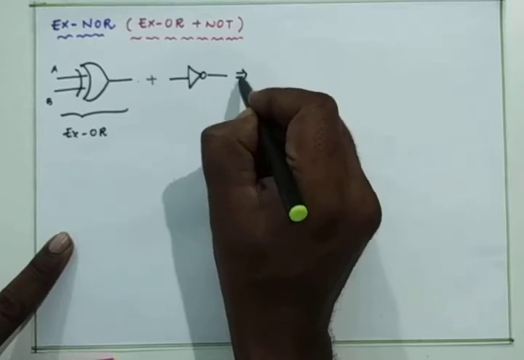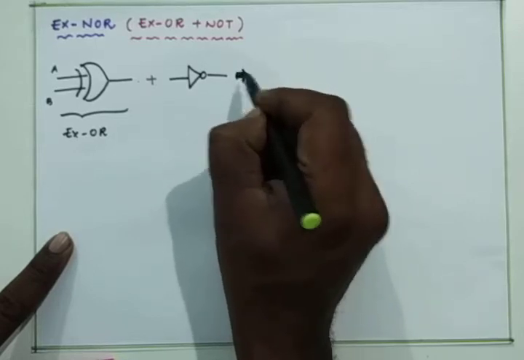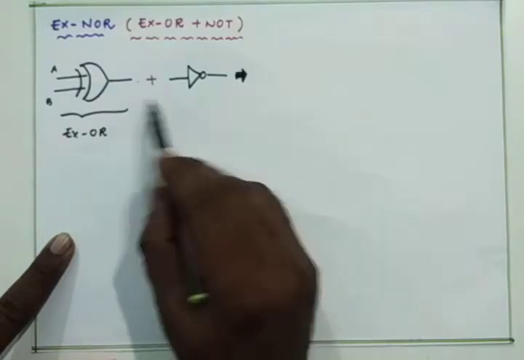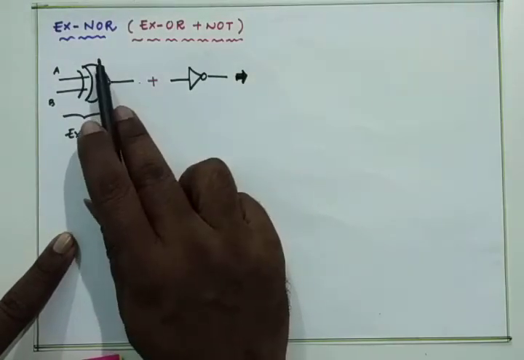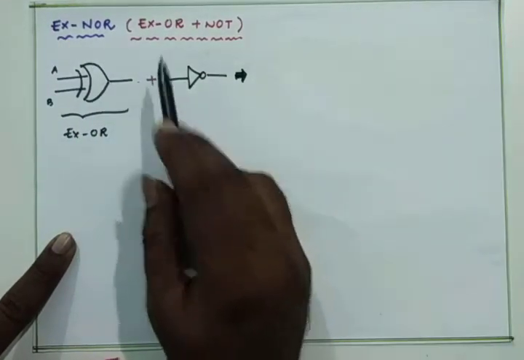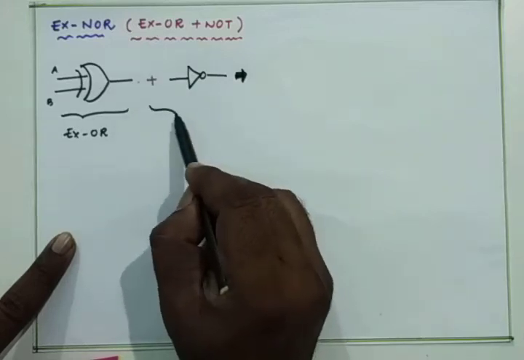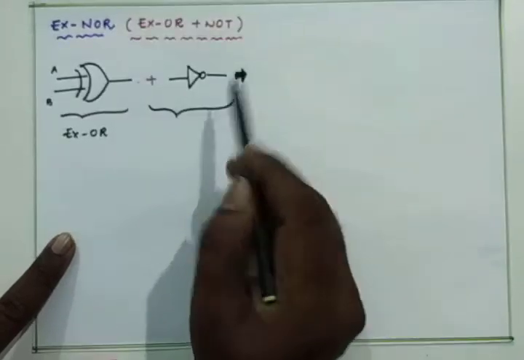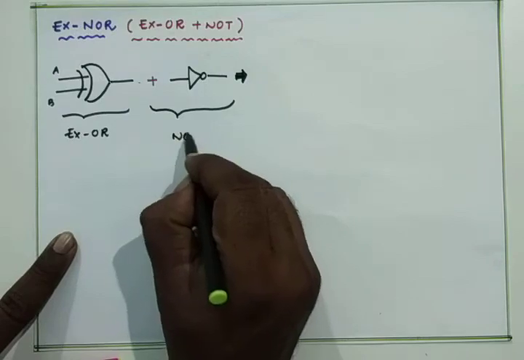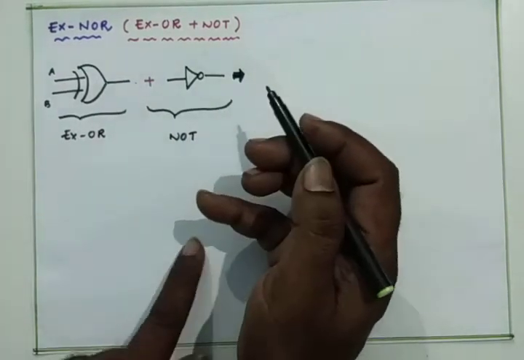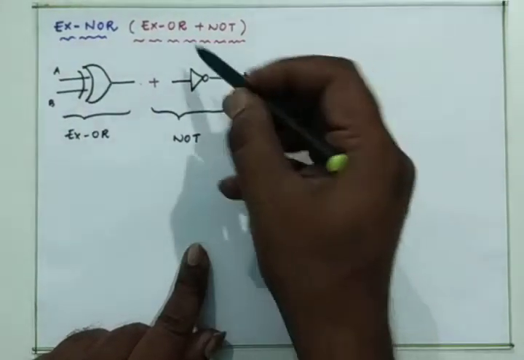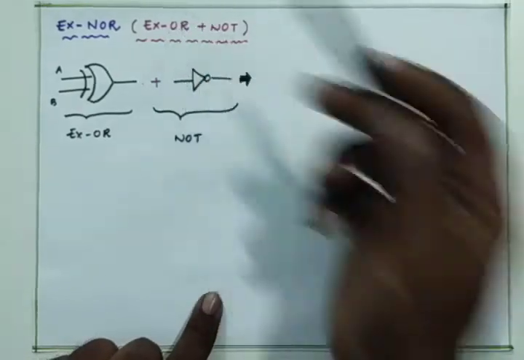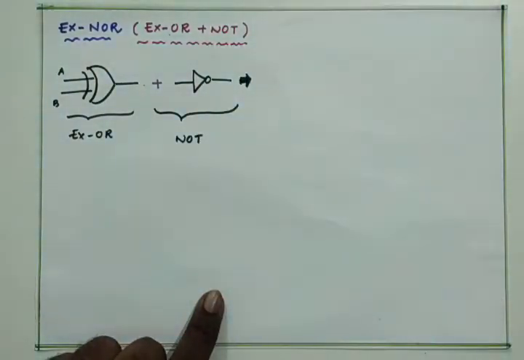This is the operation involved in the exclusive NOR. NOR is nothing new. It is a combination of exclusive OR followed by the NOT gate, which simply makes the complement after the exclusive OR operation.